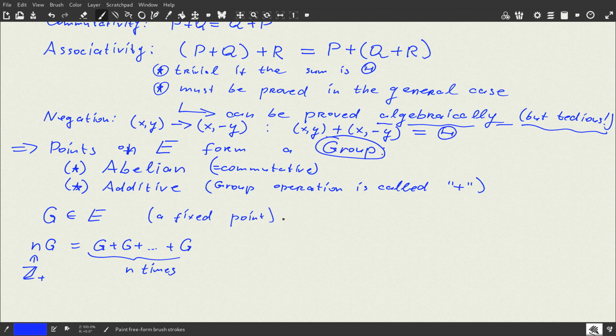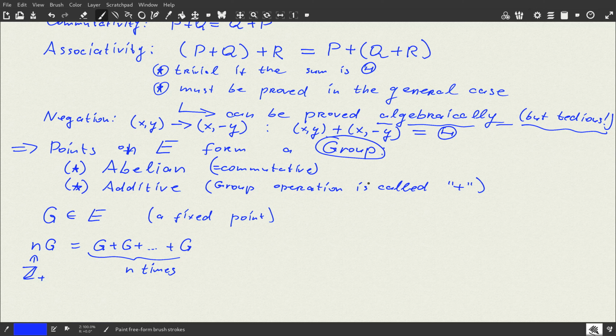So instead of doing n operations, you can only do it in log n operations. Do G plus G, then double it again, you would have 4 times G, then double it again, you get 8 times G, and so on. Okay? And for large n, that's precisely the way it should be implemented.